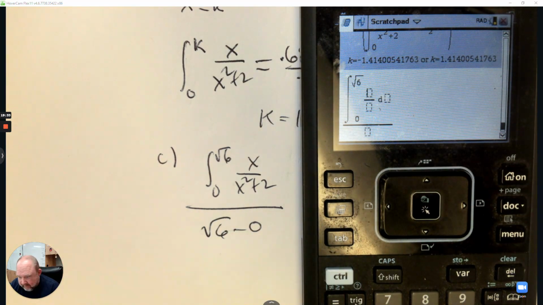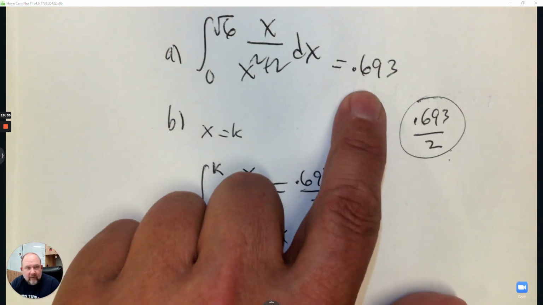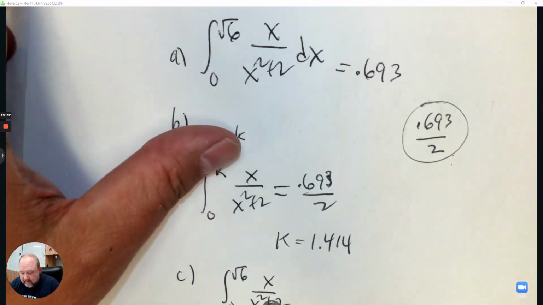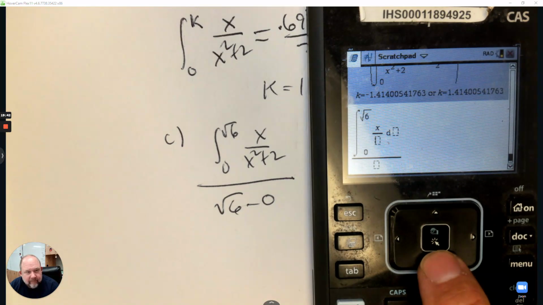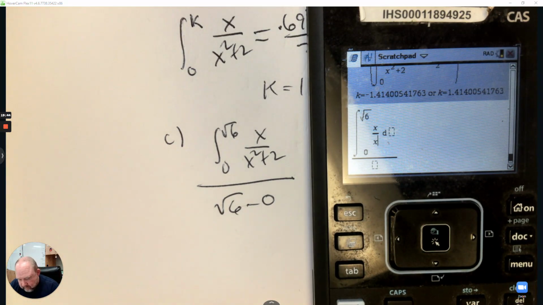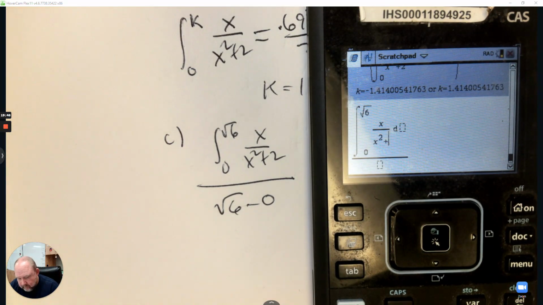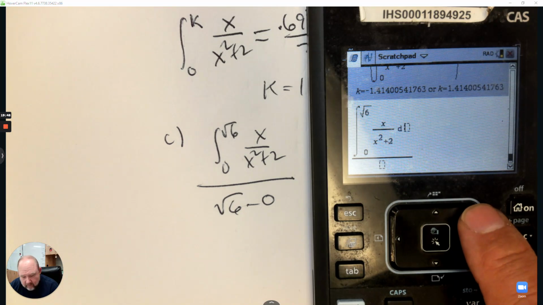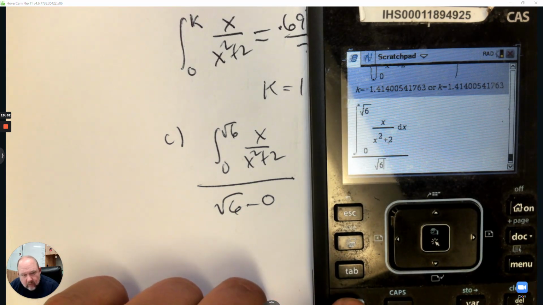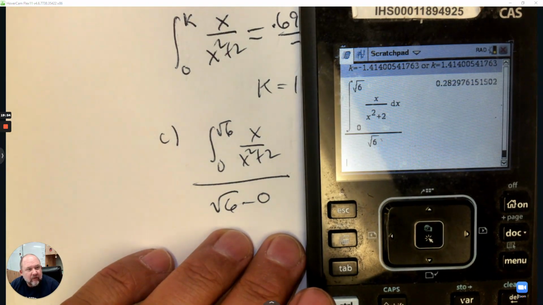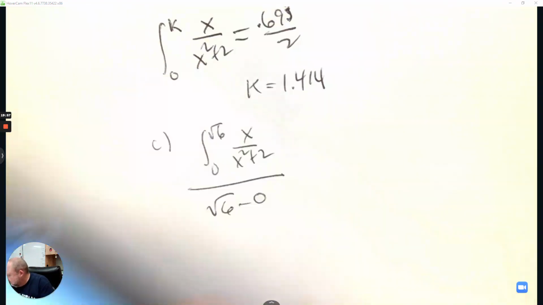I actually already know the answer in the numerator. The numerator is already here, so I just need to take that number divided by root 6. But here it is. And I get 0.283.